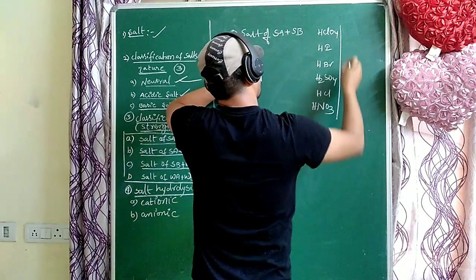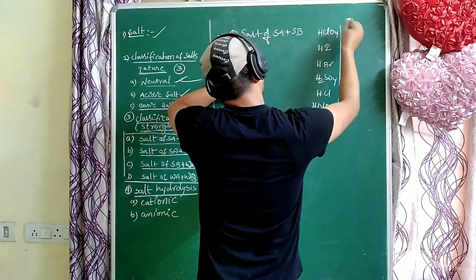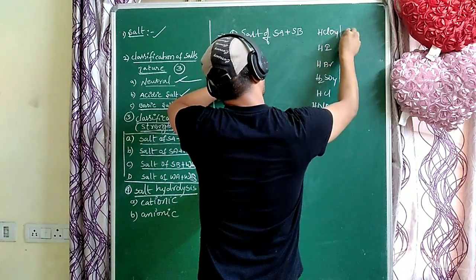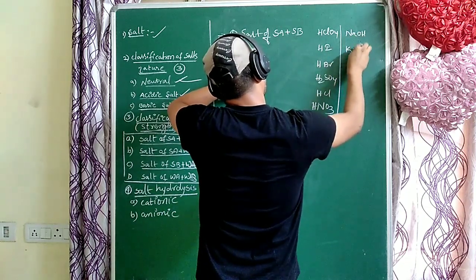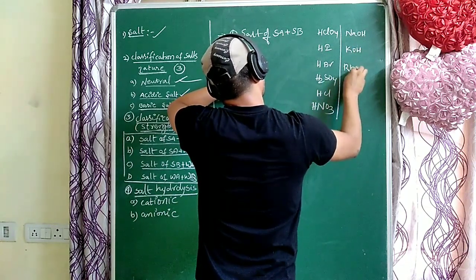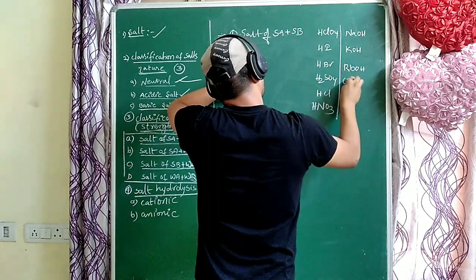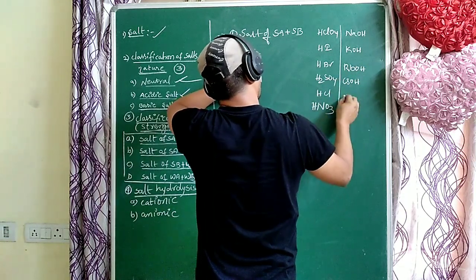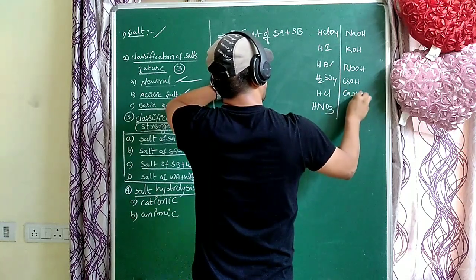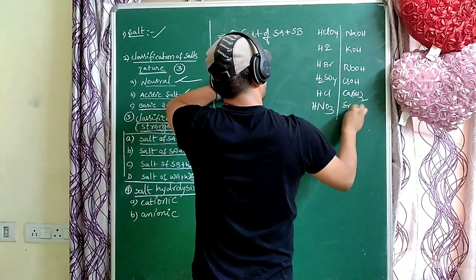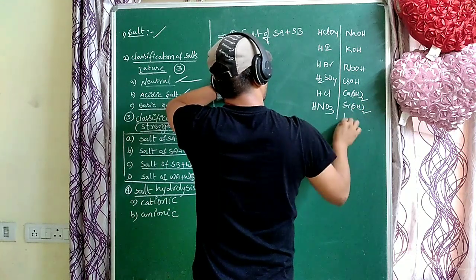And what are strong bases? NaOH, KOH, RbOH, CsOH, these are first group bases, and second group bases Ca(OH)2, Sr(OH)2 and Ba(OH)2.